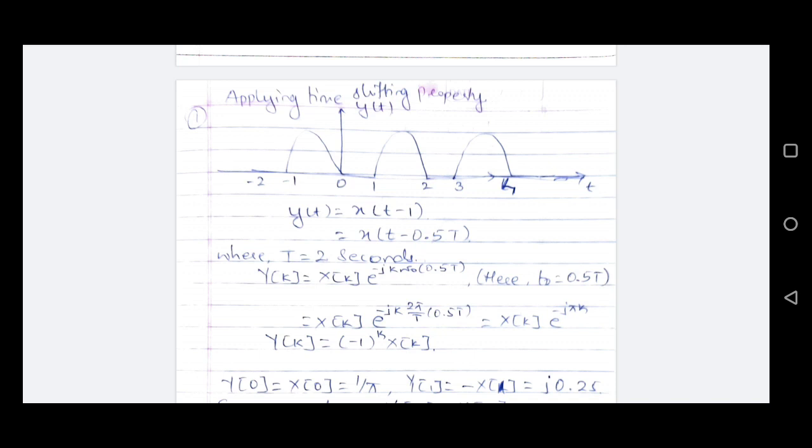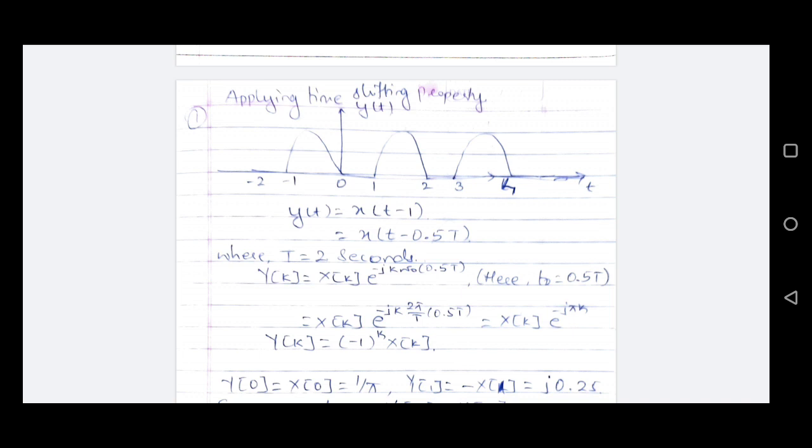If you observe this exponential e to the power minus j pi k, and expand it using Euler's identity, it will be cosine of pi k minus j sine of pi k, where k takes integer values. So cosine of integer multiples of pi will be cosine of pi k.